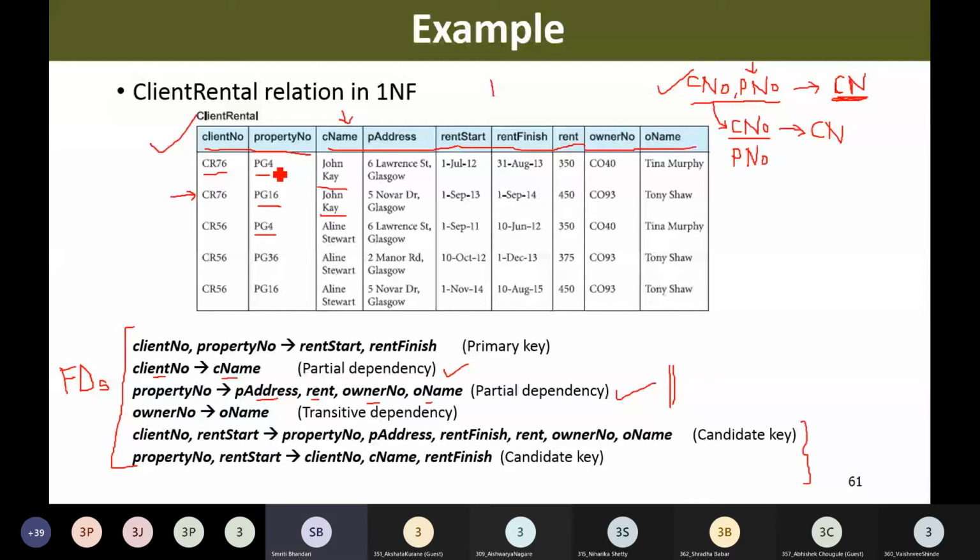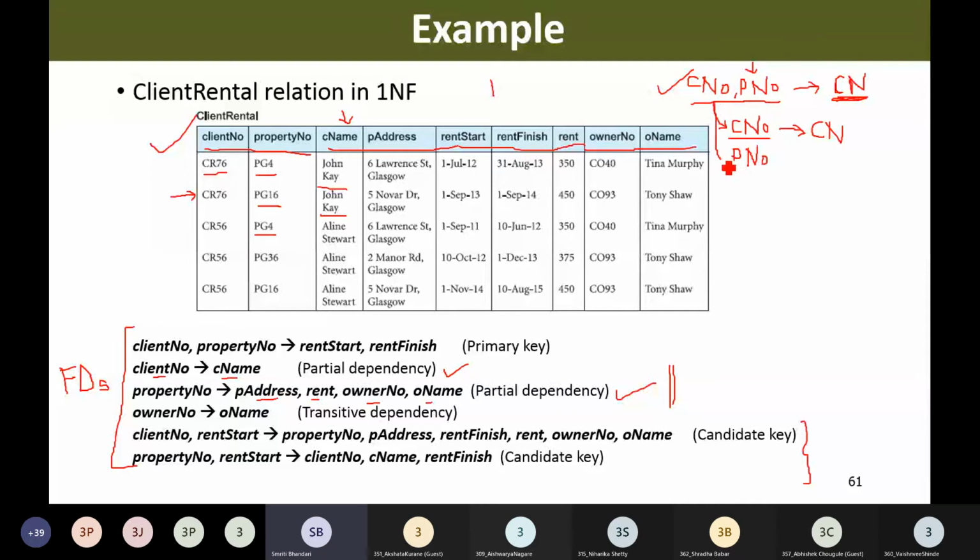It is not dependent on client number. Property address depends upon property number. Rent depends upon property number. Who is the owner of that property depends upon property number. Owner name depends on property number. Right? So client number is not required to identify these attributes.